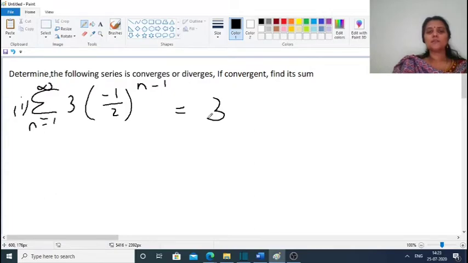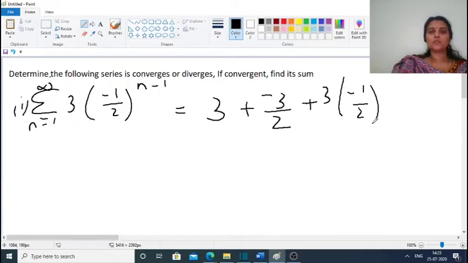Next term, when n is equal to 2, it is 3 into minus 1 by 2 raised to 1, so minus 3 by 2, plus 3 into minus 1 by 2 raised to 3 minus 1, plus etcetera.